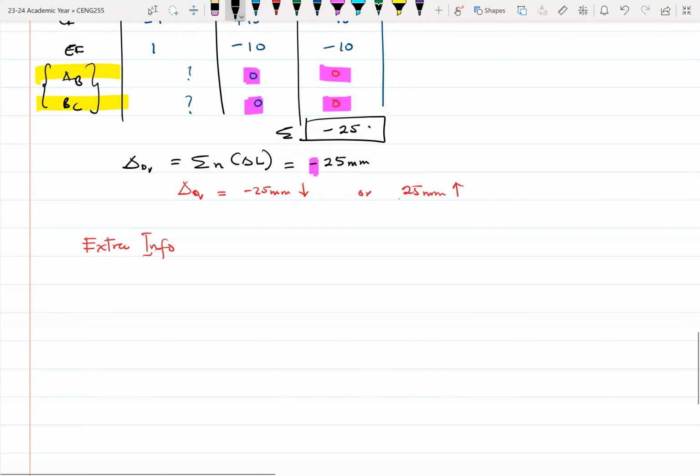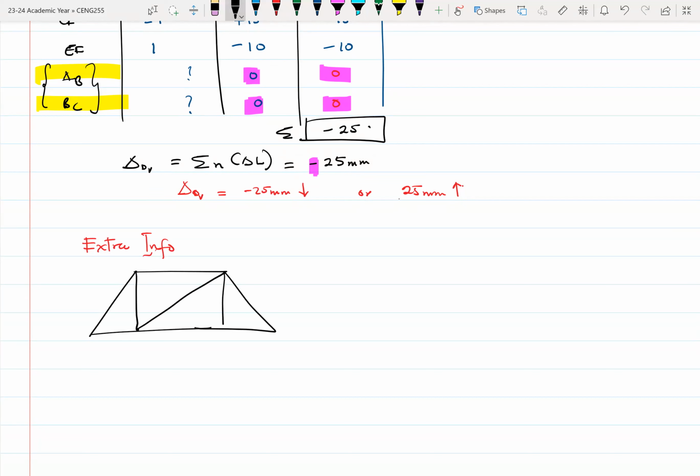Okay. So let's say I have these lines. Let me just draw my supports at some point. All right.